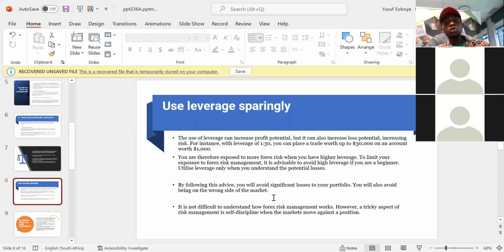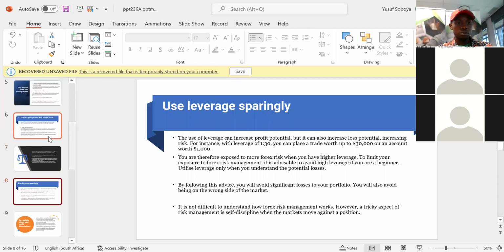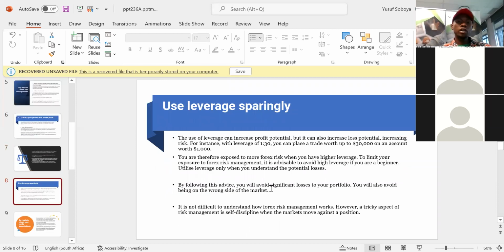All right, the use of leverage. The use of leverage, ladies and gentlemen, is also one of the tricky parts.